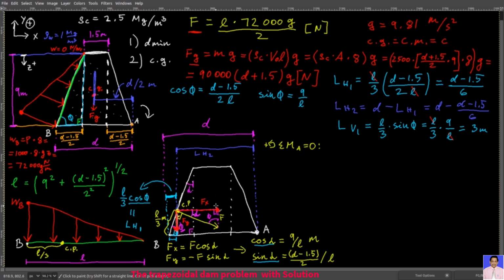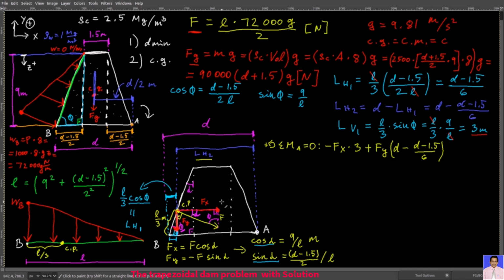And so the moment arm for Fx from point A, that's this one, 3 meters. So minus Fx times 3, that will give you a clockwise moment about point A. Then the moment arm for Fy, that's this one, LH2. So you will have plus Fy times LH2.